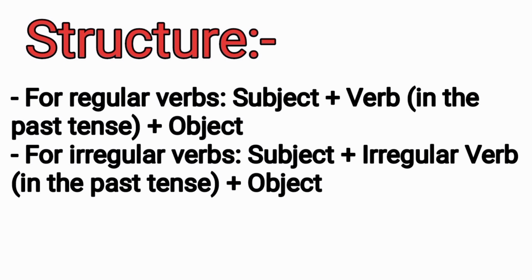For regular verbs we use subject plus verb in the past tense plus object. For irregular verbs, we use subject plus irregular verb in the past tense, and we can use an object. So these are the structures of the past indefinite tense.